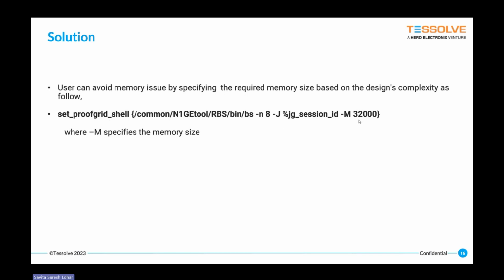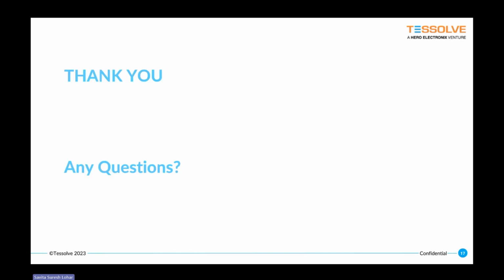Here we have to specify, with respect to our design, how much memory size is required to collect the coverage database. For example, for this particular design, I have specified 32 megabytes, where M represents the memory size. By specifying the memory size, we can avoid the memory issues in formal verification. So this is all about memory issues. Yeah, thank you.